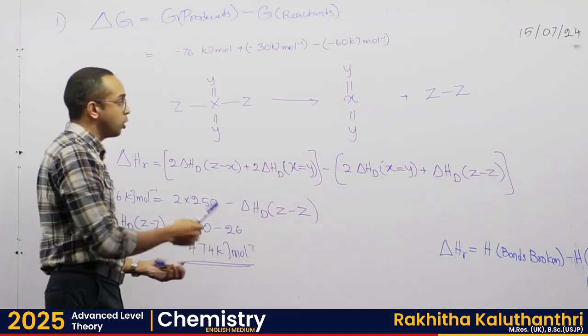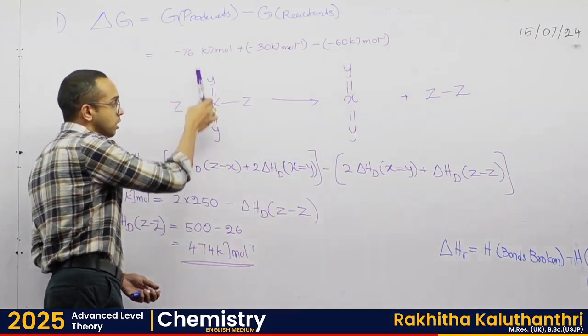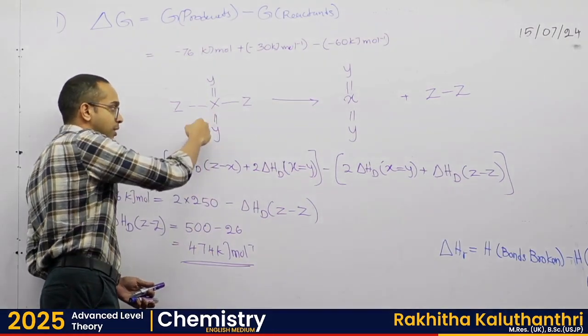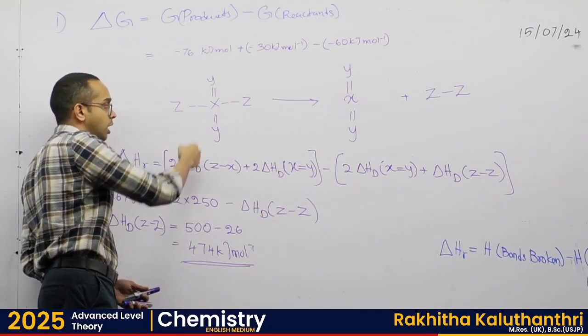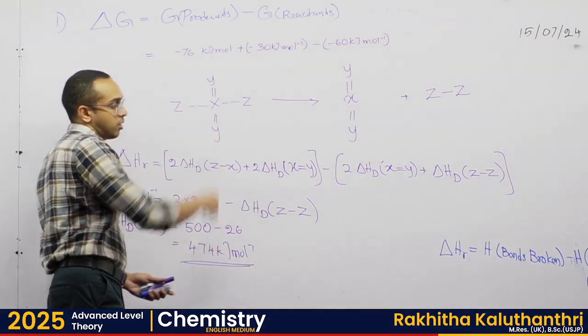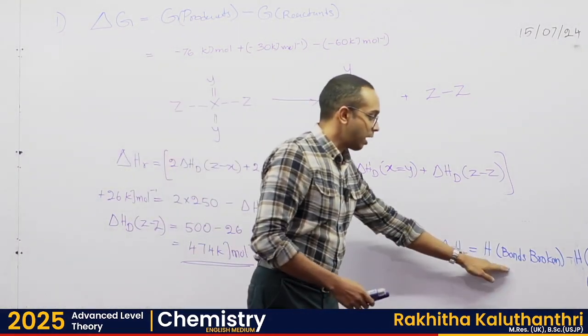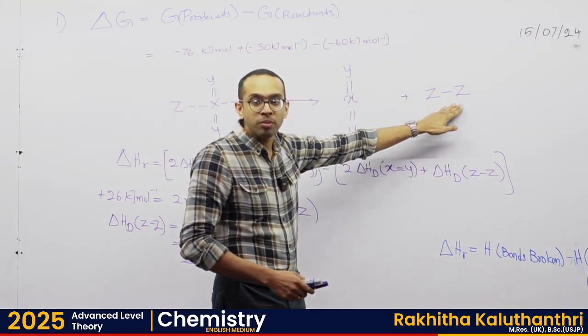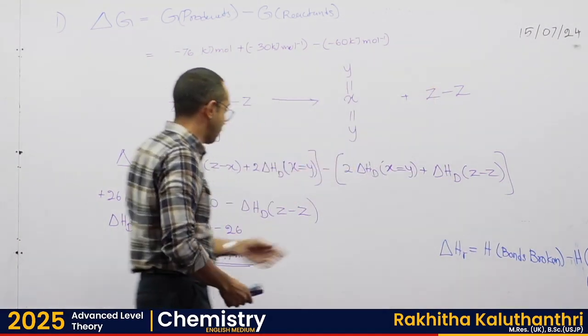Do you understand? It's like this here, and then here we have this, we have this. So in order to turn this thing into the products that we have over here, we have to first break these two bonds. So the bonds that are broken are taken into consideration. So only bonds broken will be mentioned here, and then minus the values of the bonds that are formed. So basically you get to this.